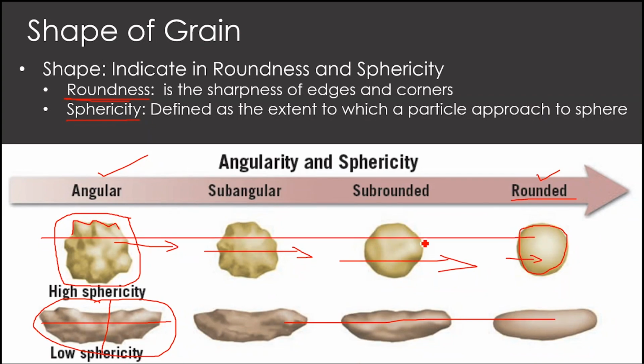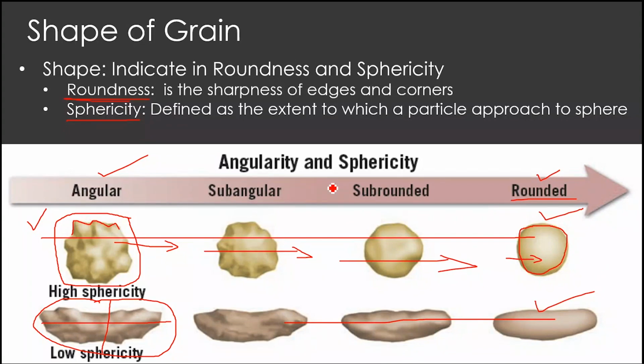What varies here is the roundness. In this case, the rock is made up of high sphericity and angular fragments, whereas here it is low sphericity and rounded fragments. Okay, so that is about the shape of the grains.